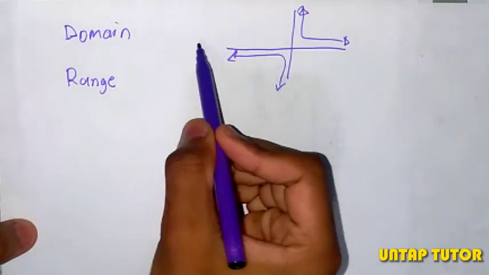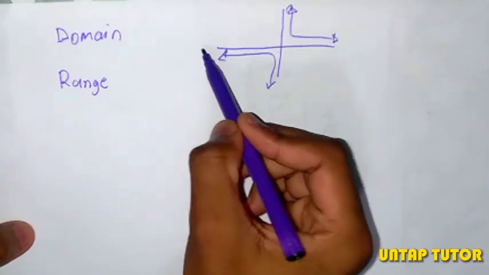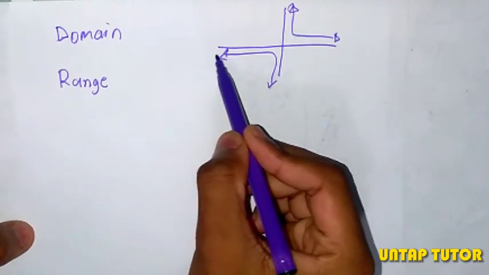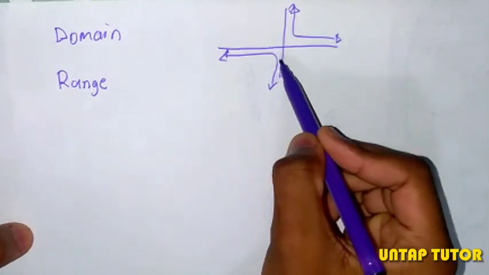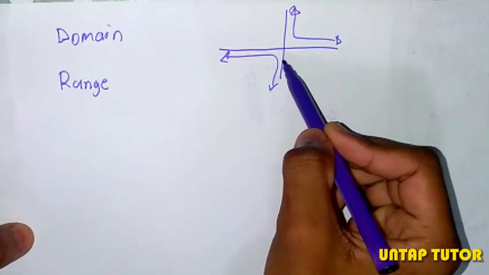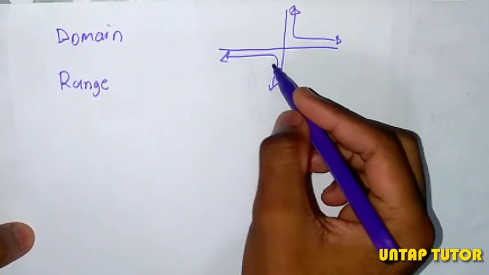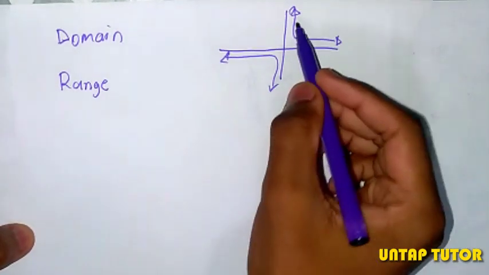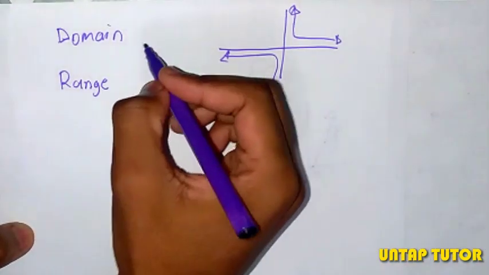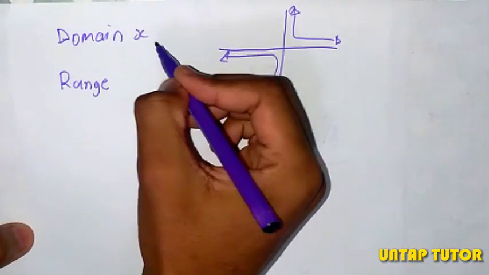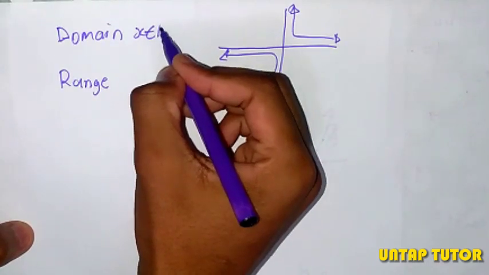So you look at the x values starting from the negative x's, right? Start looking at the negative x values. So this graph goes all the way to infinity. So it starts at infinity, comes towards the asymptote, and then just stops. So actually it doesn't stop, it keeps approaching the asymptotes but never touches, and then ahead of the asymptote continues all the way. So what that means is that the x values is an element of real numbers.